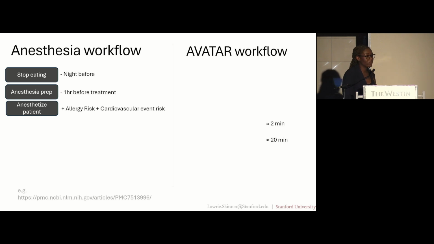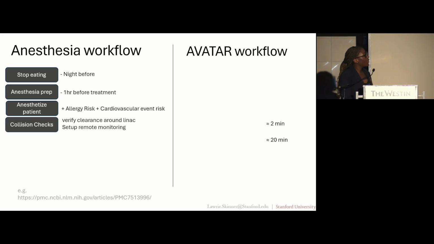There are emergencies that can happen with anesthesia and induction. And before treatment, each morning we have to do collision checks of our machine, and then we have to set up a remote monitoring system so that the anesthesiologist who's outside of the room has access to patient vitals and patient airway. So there's quite a bit of logistics that goes into treating patients with anesthesia.